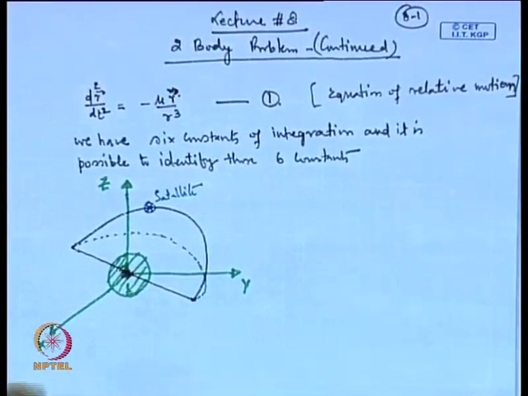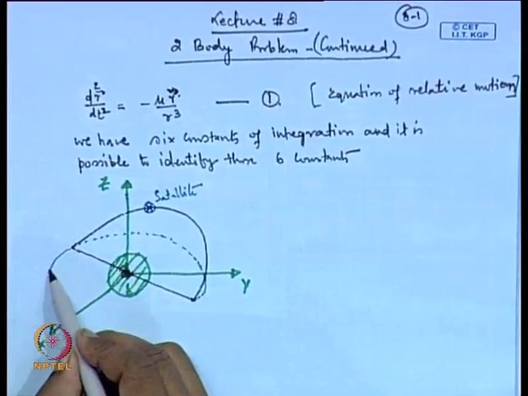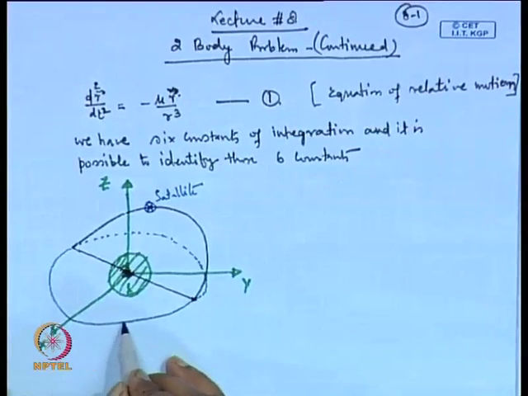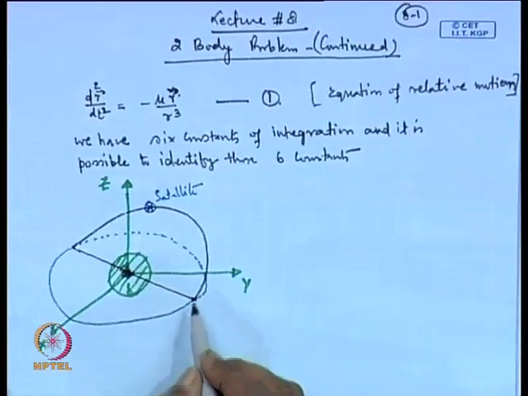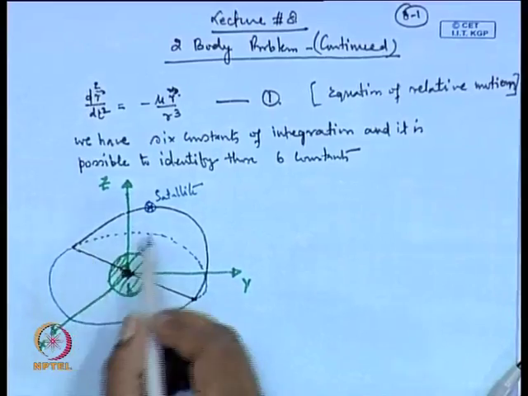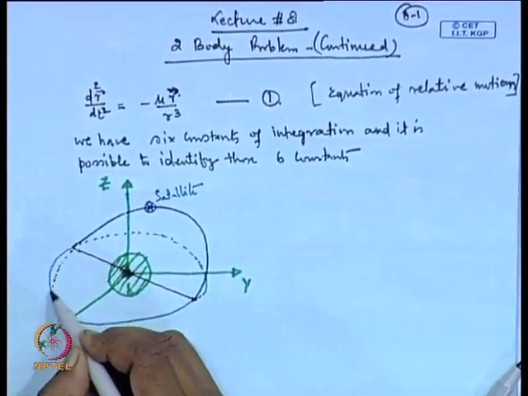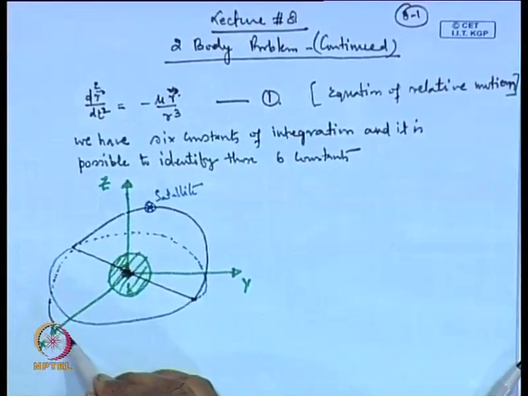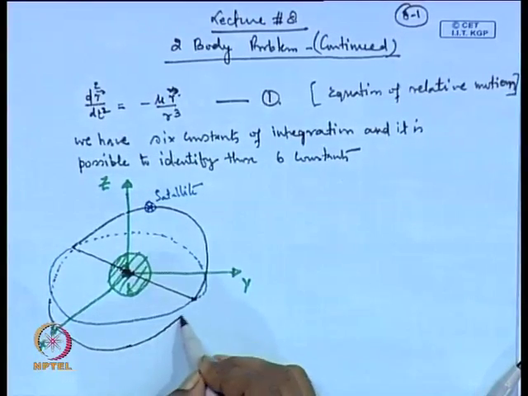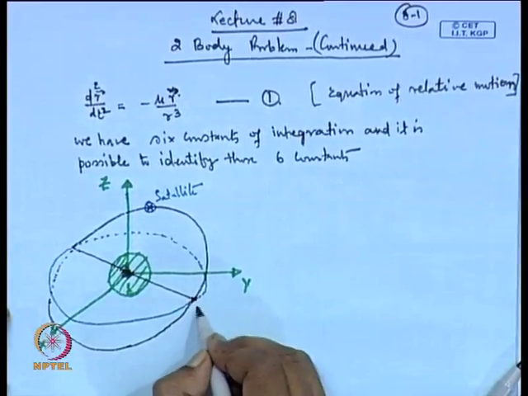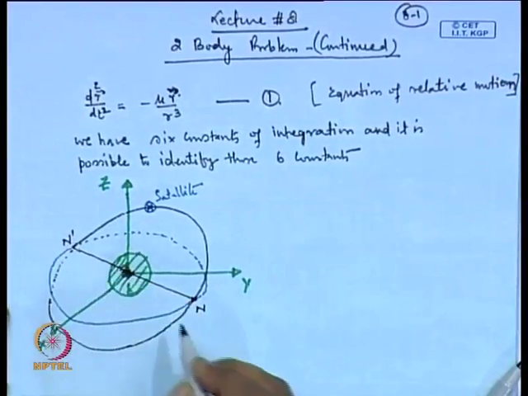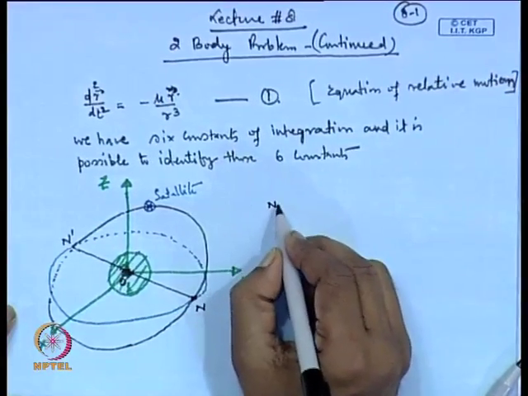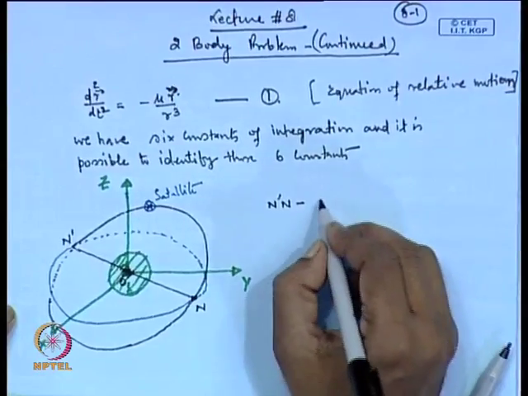If we try to complete this orbit, the blue line lies in the x y plane, while the black line is above the x y plane, and then it will go down below the x y plane and come and meet here in this place. So, this is the line n n prime, this is the point O. This n prime n is called the nodal line.